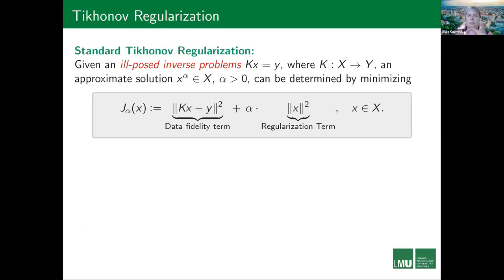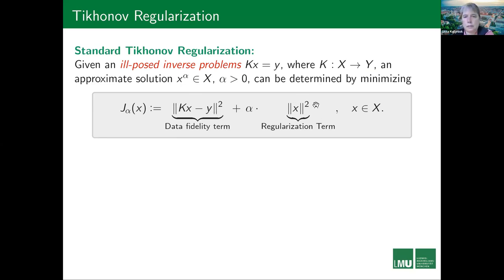Okay, so there's a very standard approach to solve inverse problems. It's the standard Tikhonov regularization. So the ingredients we already know. This is my inverse problem. And what I now do is I minimize this functional. And now you see the terms we already saw sometimes during the talk. If you minimize this term and bring it down to 0, then you would solve this problem exactly.